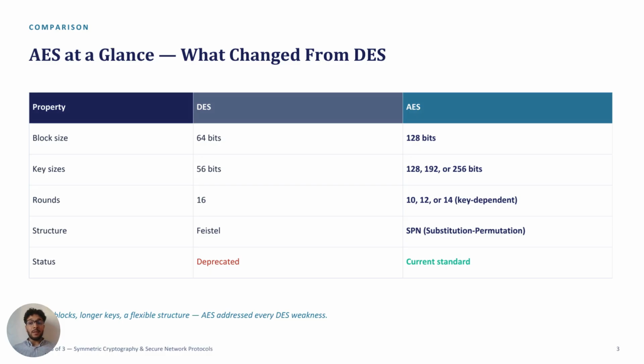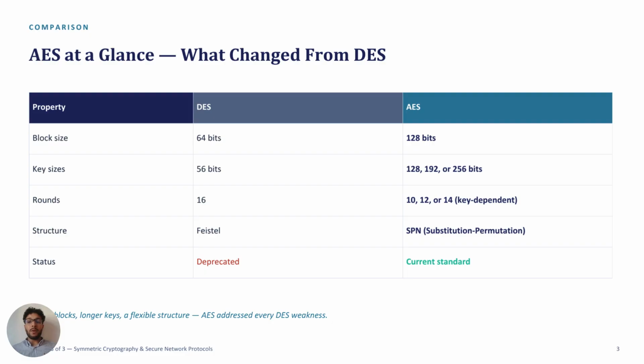AES addresses every structural weakness of DES. The block size doubles from 64 to 128 bits, eliminating the Sweet32 birthday attack vulnerability. Key size is flexible: AES-128, AES-192, or AES-256, compared to DES's fixed 56 bits.